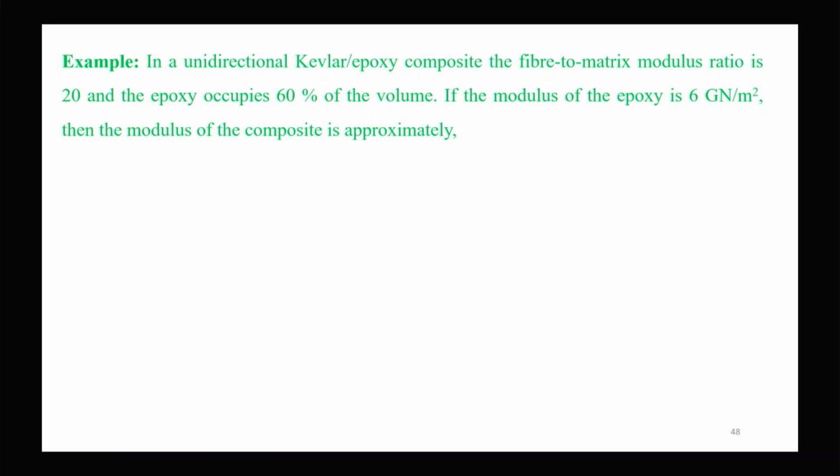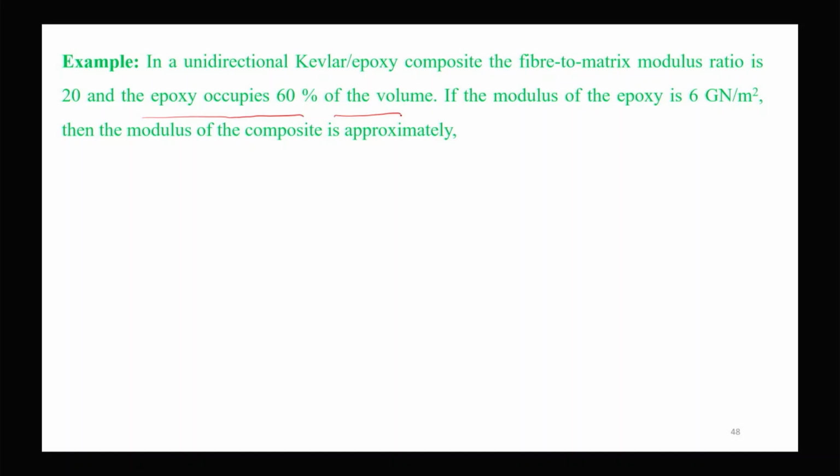Next, in a unidirectional Kevlar epoxy composite, the fiber to matrix modulus ratio is 20 and the epoxy occupancy is 60% by volume.